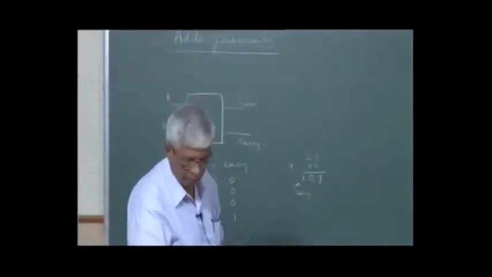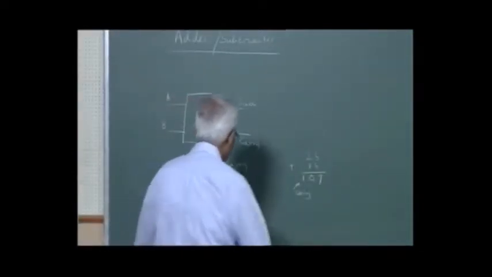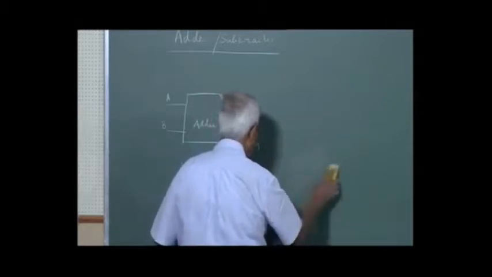Now, this is a simple circuit. You have a truth table.